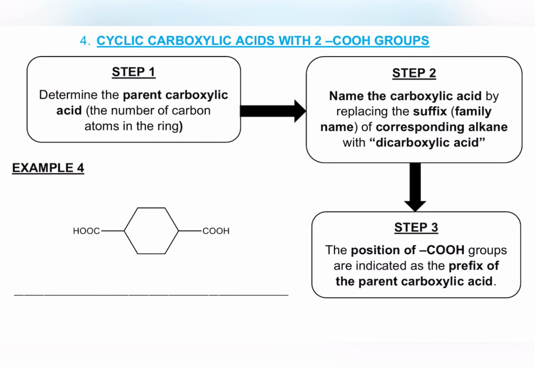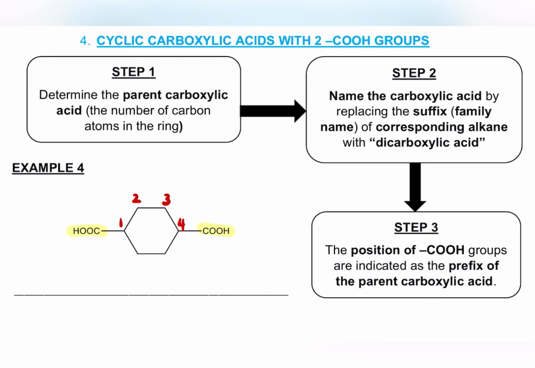I have here my carboxyl groups, 2 of them, at this carbon and this carbon. I have to give the numbering, so I'm starting from whichever side I want. So 1, 2, 3, 4. So at carbon number 1 and number 4, you have each of them a carboxyl group.